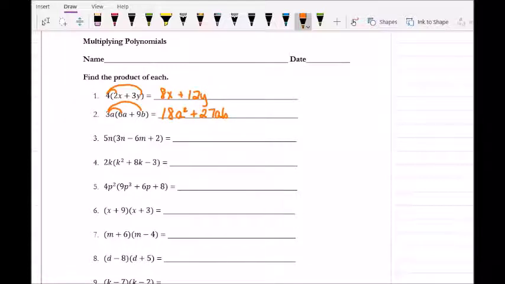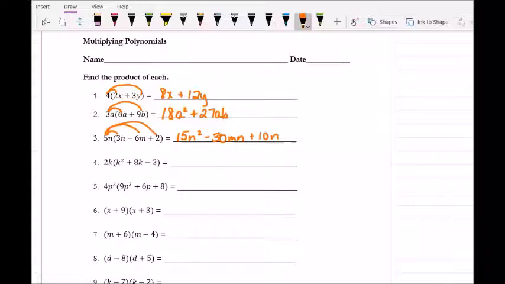For number 3, 5n times 3n would be 15n squared. And 5n times negative 6m is negative 30mn, or nm is the same thing, that wouldn't matter. And 5n times 2 is 10n.